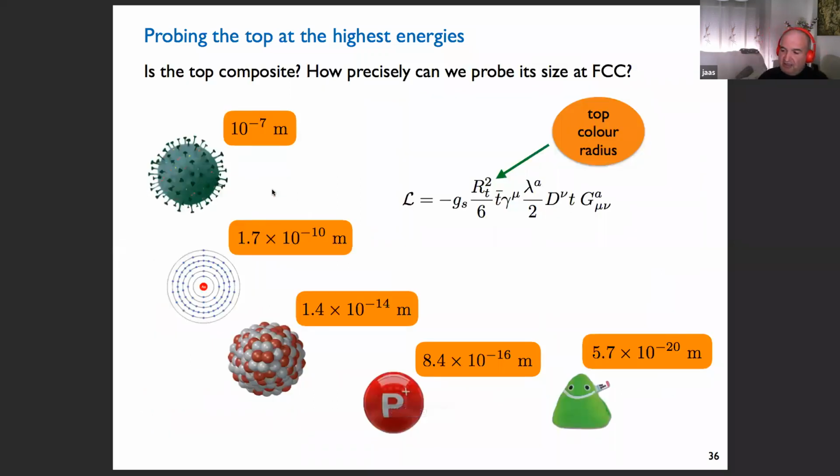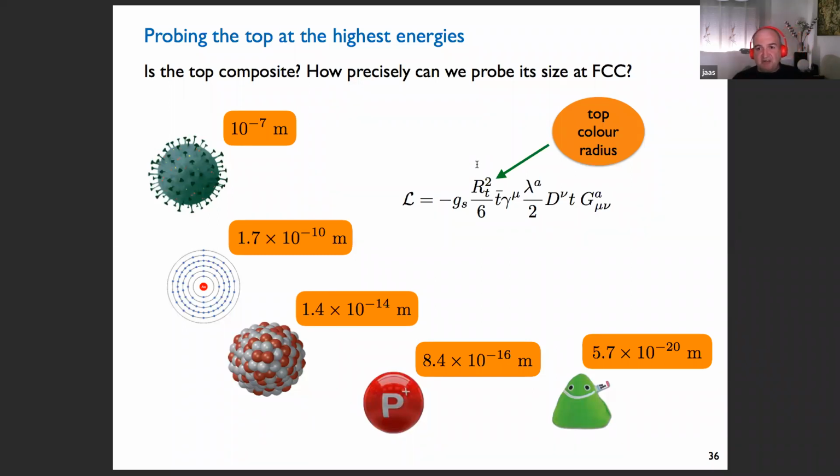Now, another thing that one can wonder is, how far can we go to probe if the top is elementary or it is made of some preons or whatever? There is an easy way to do that. You implement this Lagrangian, in which this quantity here corresponds to the so-called top-color radius, and then you look at which constraints you get on this number.